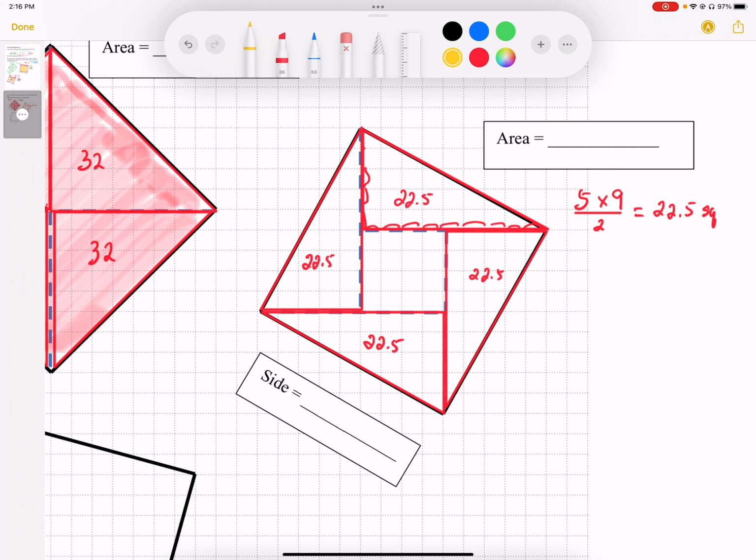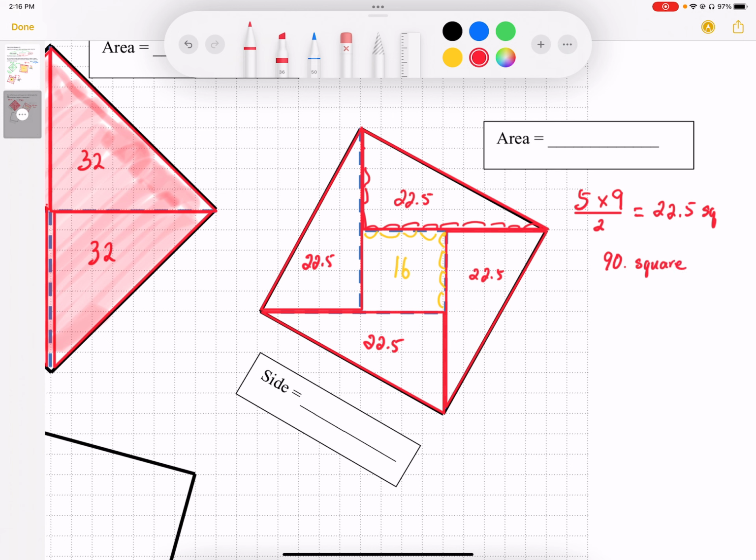The one in the middle is a square. So we're going to have to count 1, 2, 3, 4. That's a 4 by 4 square. We can count 16 squares in there. So that red area is going to be 22.5 plus 22.5 plus 22.5 plus 22.5, 4 times.